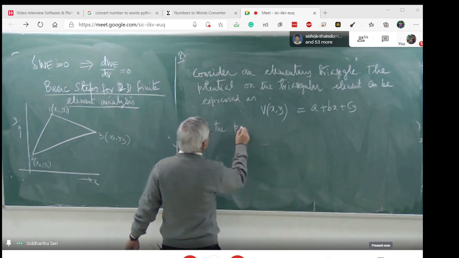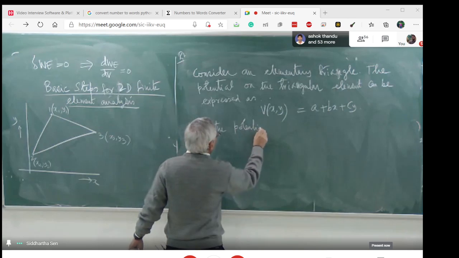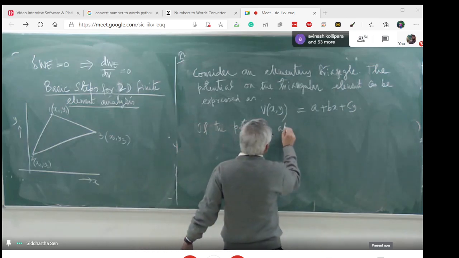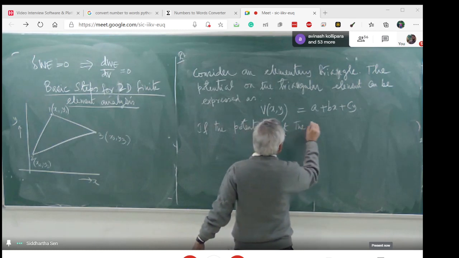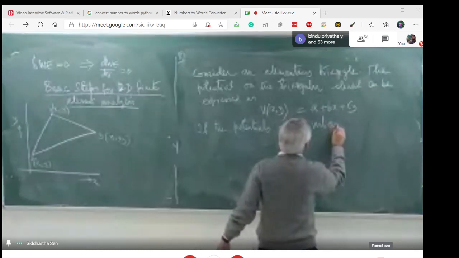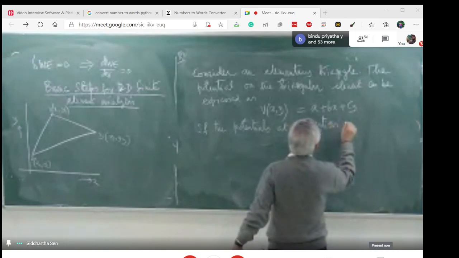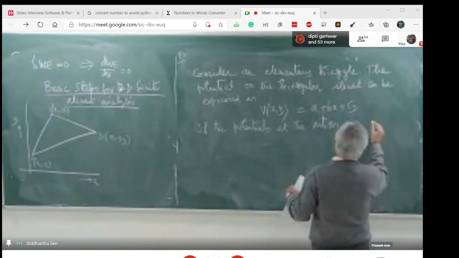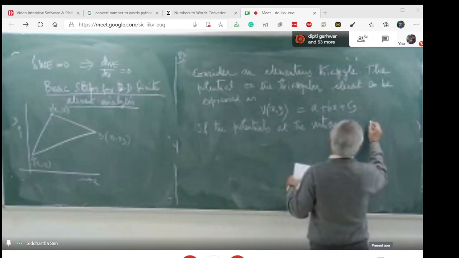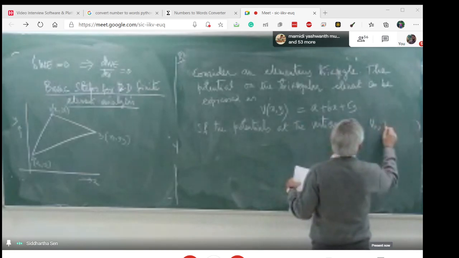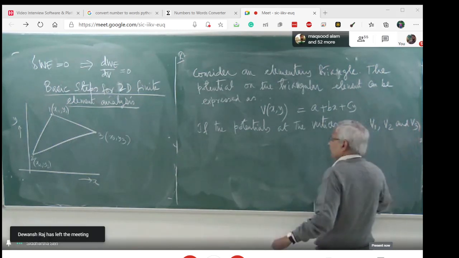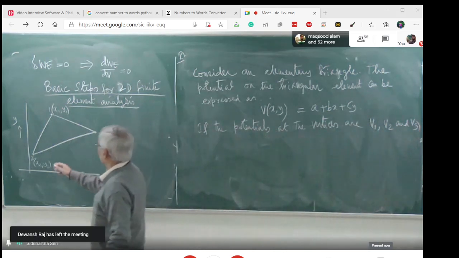So if the potentials at the vertices are V1, V2 and V3, that means these potentials I know.